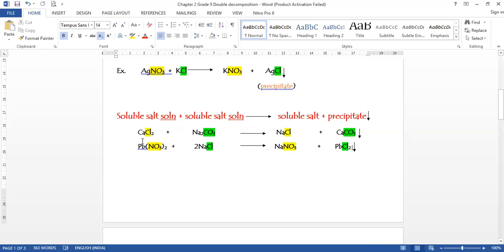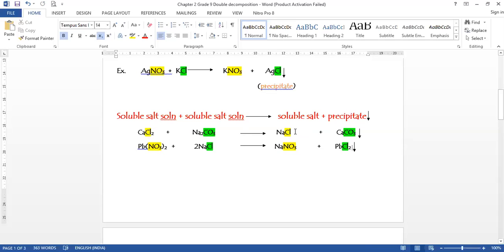Now we can compare the reactions given here. The first reaction is calcium chloride and sodium carbonate. We take them in aqueous form, dissolved in water, and make them react together. Chloride from calcium goes to sodium, and carbonate from sodium goes to calcium. So it becomes sodium chloride and calcium carbonate.